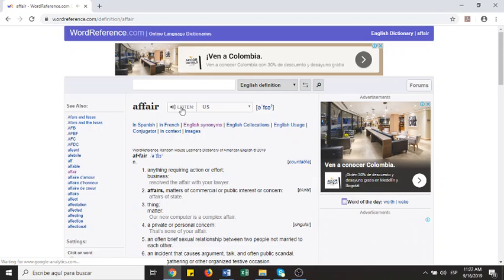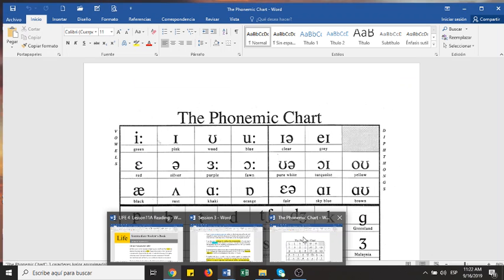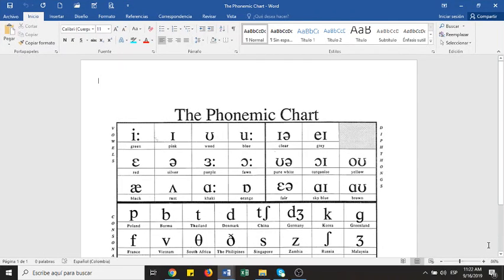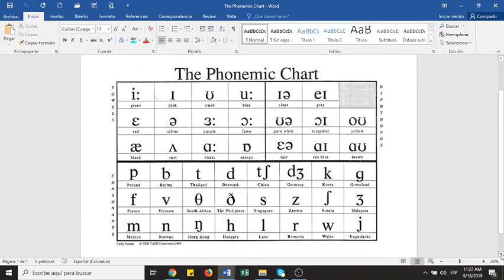I interviewed Joellen Simpson because, besides being the general director of the Colombo, she's also a TEFL course teacher and she teaches phonetics. That's why I have here this phonemic chart. This is the American phonemic chart, okay?